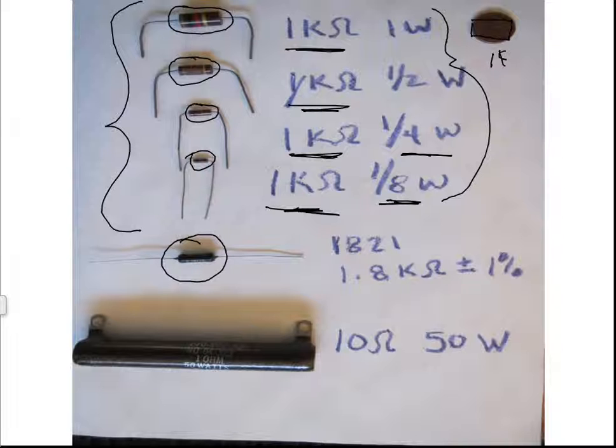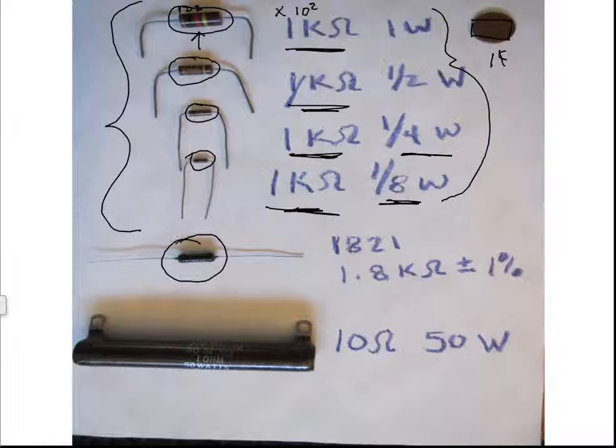These guys, we determine their value by the color code of the bands. Okay, this one is brown, black, and red, indicating a 1, 0 with a multiplier of 2, or 10 squared. So 1, 0 times 10 squared, that's 10 times 100, or 1,000 ohms.